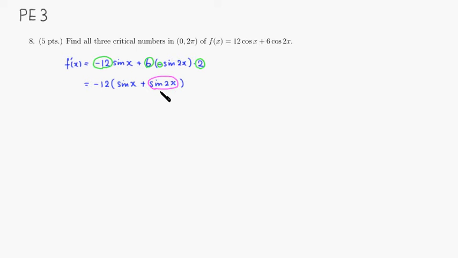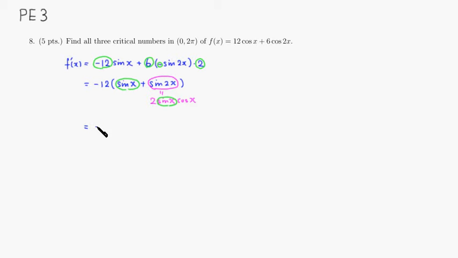Then we have to use one of those trig identities, and you can see that sine of 2x is the same thing as 2 sine of x times cosine of x. So we can actually find another common factor: sine of x from the first term and sine of x from the second term. So we can pull out the sine of x as well.